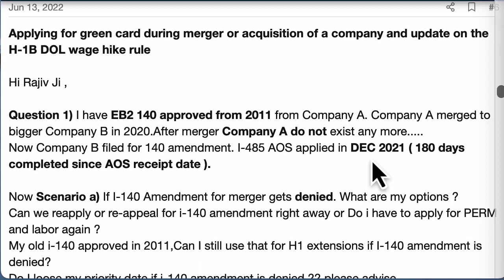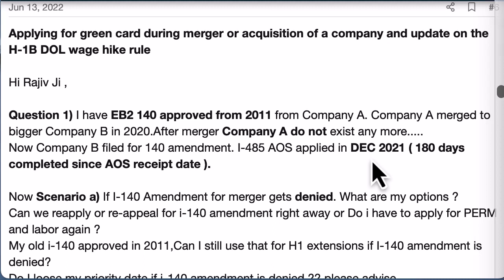And that is if the company that comes in and takes over the business has stepped in as successor in interest, which means they have undertaken or taken over either the stock of the company, in which case even a successorship is not needed, or they have acquired substantially all assets or a discrete business unit of the company, and they are continuing the same business, same location, substantially same jobs, and they are taking over the immigration processing.